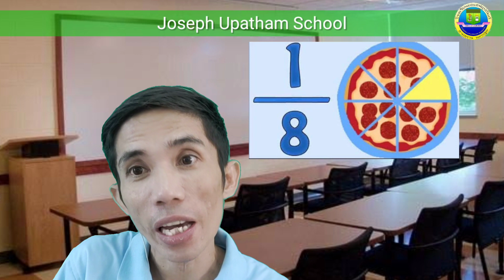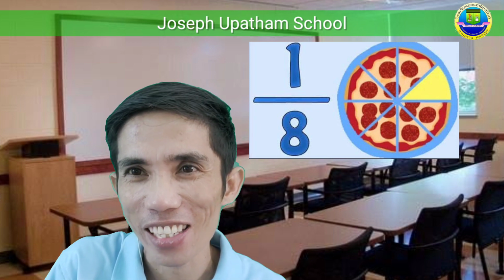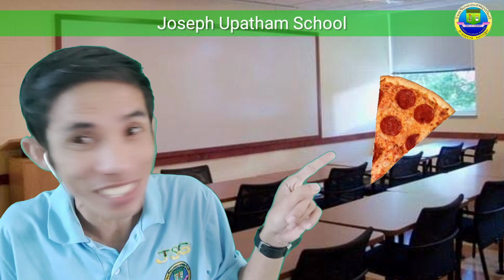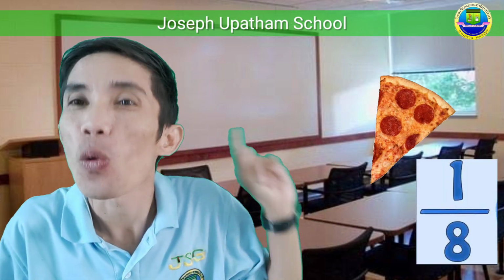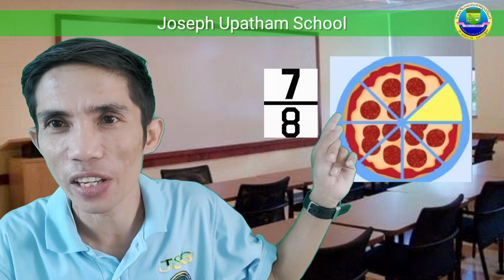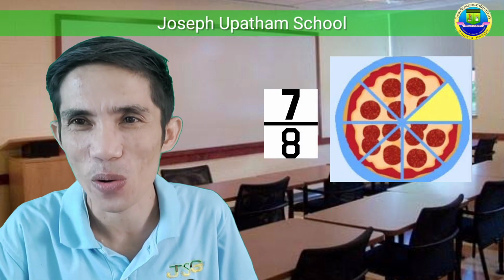And that's what I am referring to as 1 over 8. Remember this? This is 1 over 8 of the whole. And if we talk about the parts left, that is 7 over 8 of the whole.